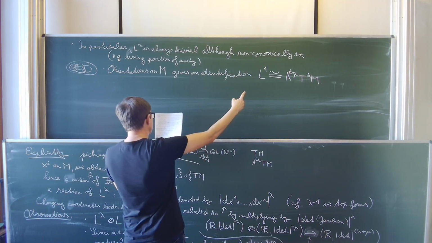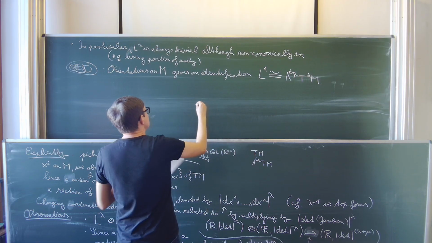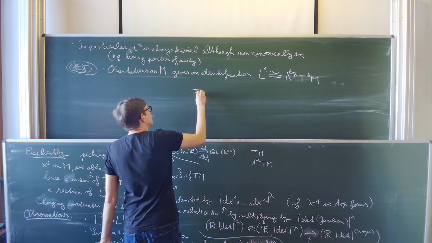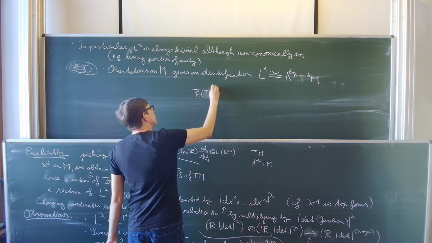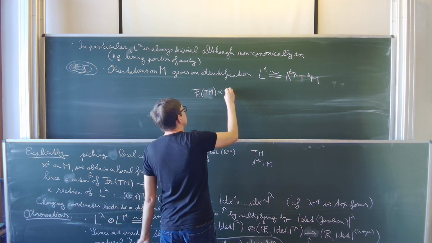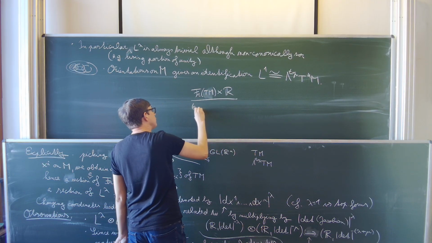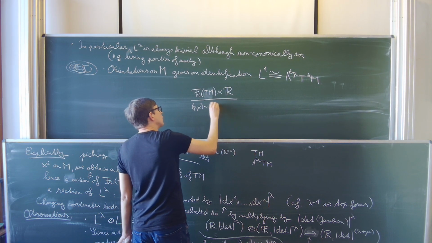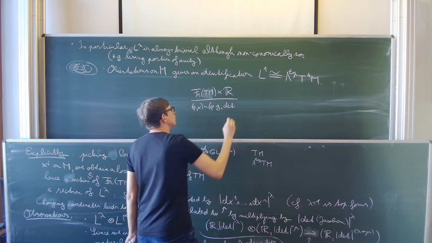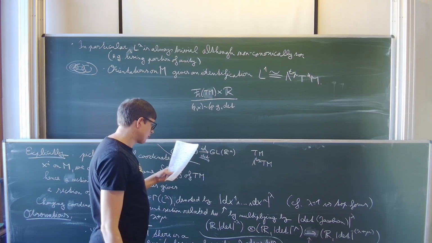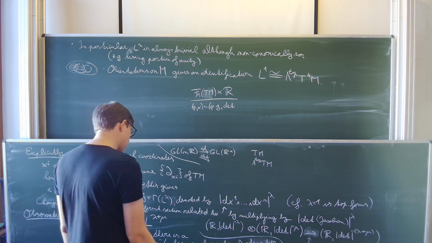So how does this work? What do we want to build? Let's go from the other direction. How does the bundle of top forms look? It was the frame bundle multiplied by R, quotiented by P x equal to P g and rho of g, and there was a determinant. Is there a minus one there? Did I forget the minus one? Oh no, there was an inverse.